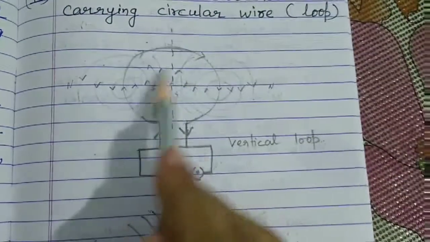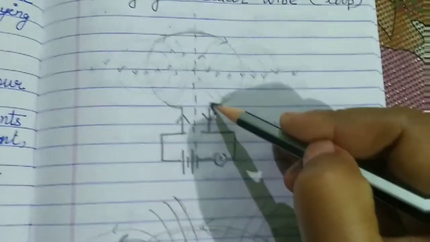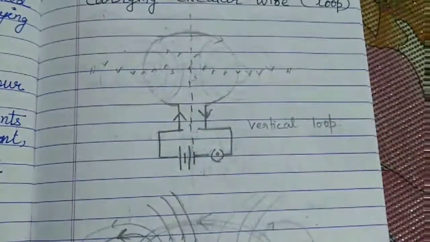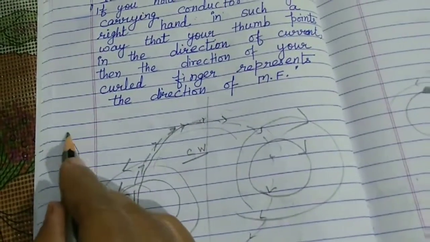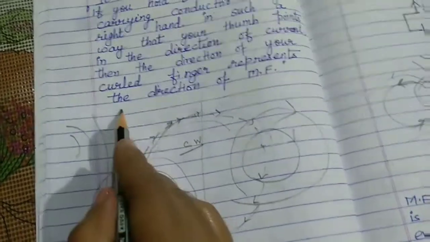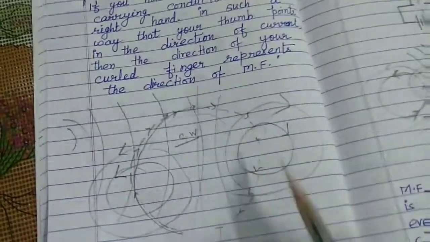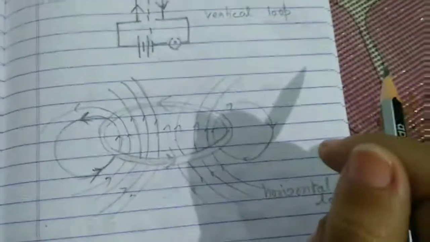Here, upward, if we watch it macroscopically. Okay, this is the upward direction. And if we draw these circles in a bigger way, like this is a circle part, this is a bigger part, this is a bigger circle and a bigger circle, so the lines inside the loop will appear to be straight lines.